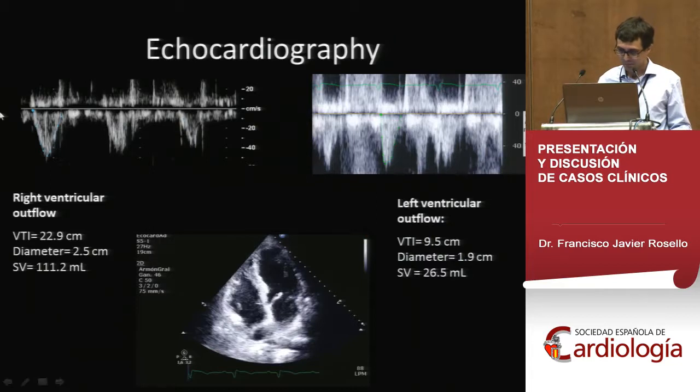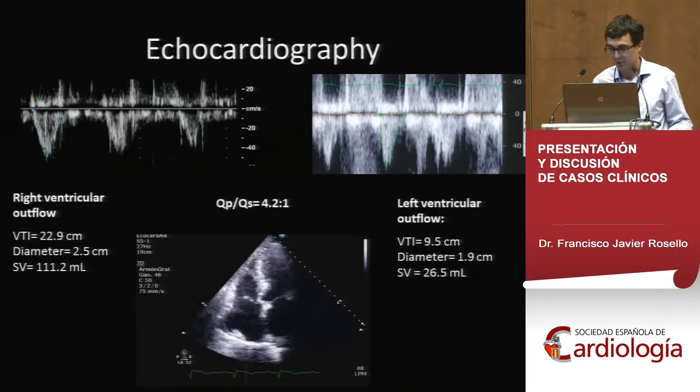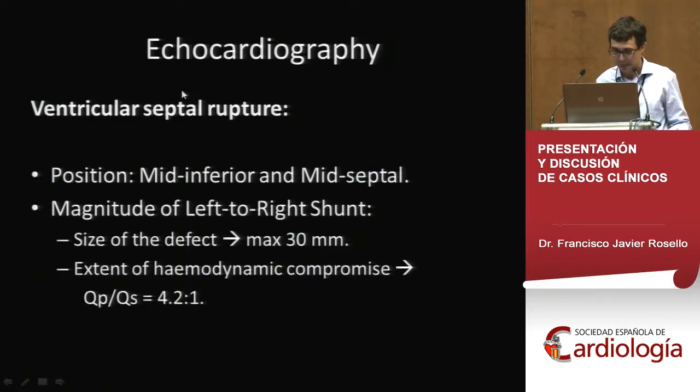Okay. In order to assess the hemodynamic compromise, we studied the Qp over Qs ratio that shows 4 times higher flow of the pulmonary circulation over the systemic circulation, with a normal ejection fraction.